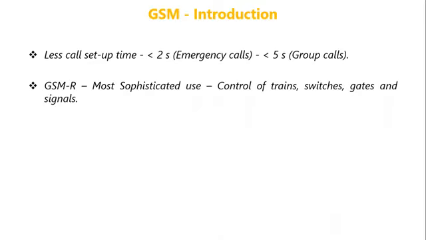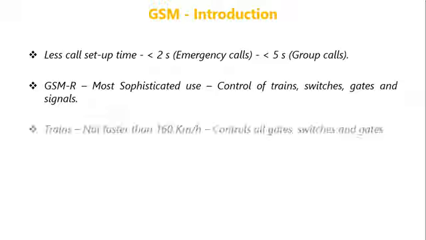But one of the most sophisticated features provided by GSM-R is the control of trains, switches, gates, and signals. GSM-R can control all gates, switches, and signals of trains that are not traveling faster than 160 kilometers per hour.